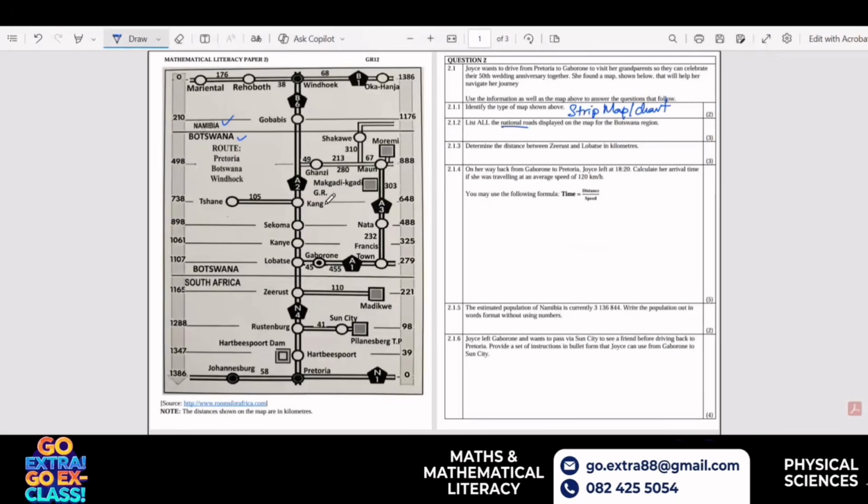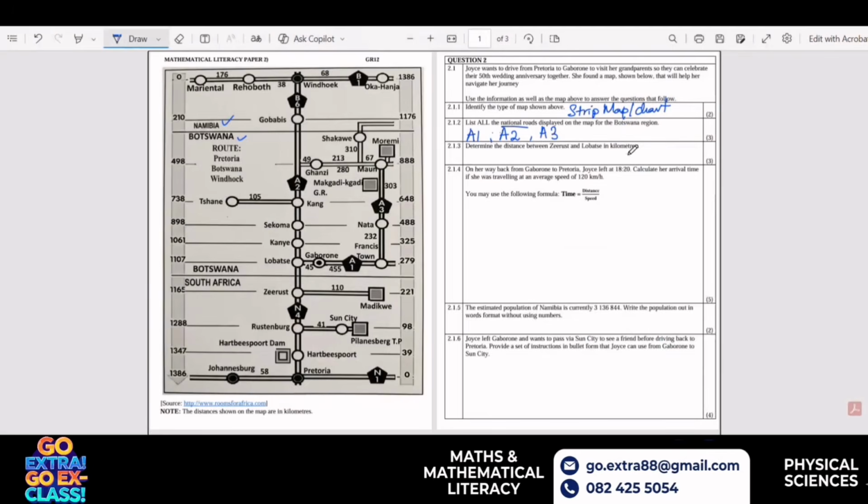But now they're looking for national roads. You remember that in the previous videos that we have done, these pentagons that you see here represent the national roads. So these are the 3 national roads here. It says list all, therefore you have a national road A1, and then the other one is going to be A2, and the other one is going to be A3.